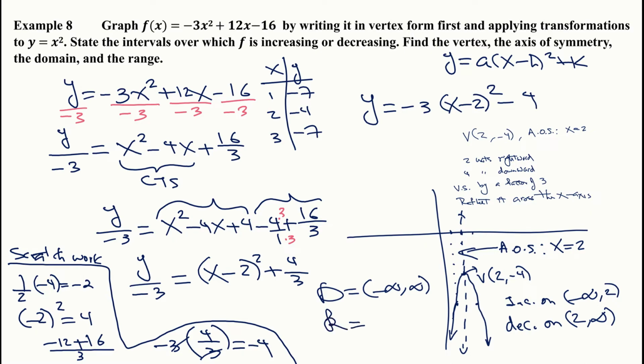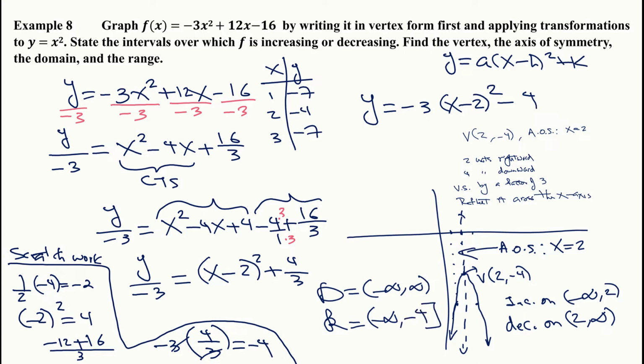The range, which is the outputs, notice you can plug in any x value that you want in this expression, but you're not going to come up with every y value. The y values you come up with are limited to all those below this line right here, which is at y equals negative 4. So the range is going to have all numbers from negative infinity up to negative 4.